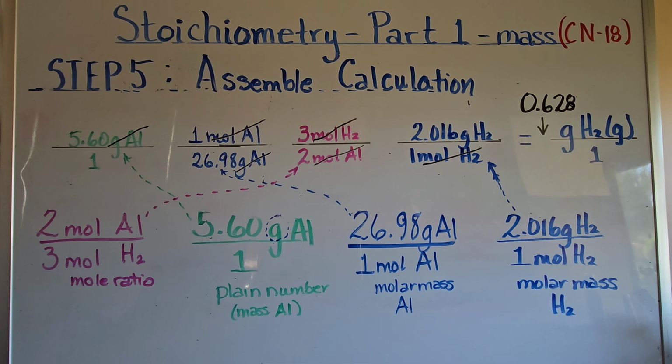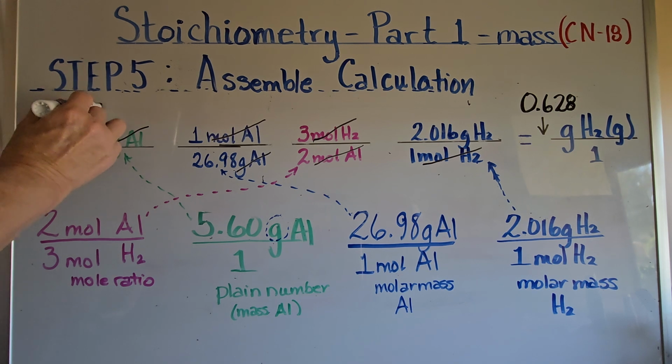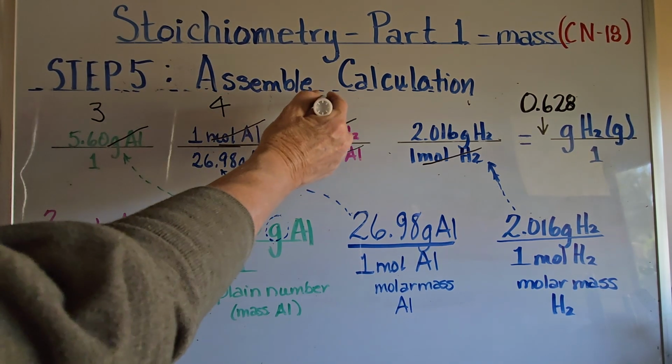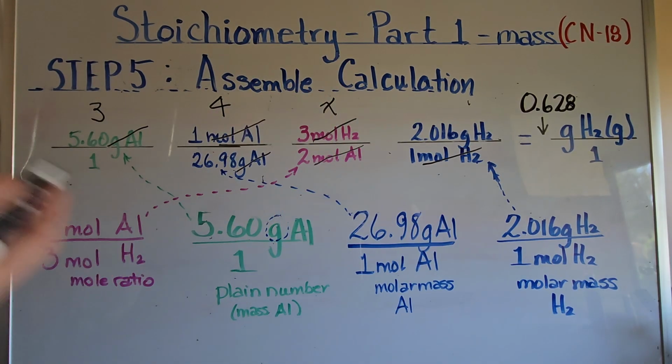I do my one-step calculation, but now I need to look, because this is a multiplication and division problem, I have to look at number of sig figs. Well, let's go ahead and take a look at that. Here I have 3 significant figures. Here I have 4 significant figures. This is exact. If you don't remember that, go back to class notes 17.